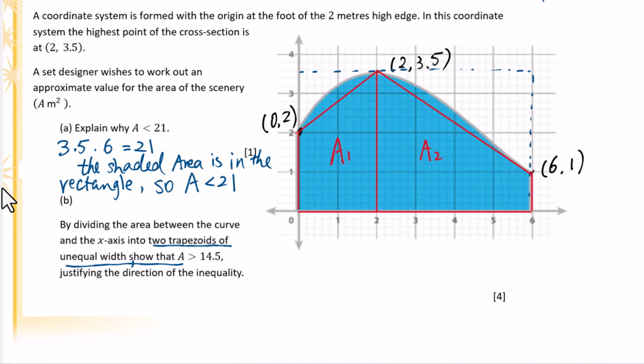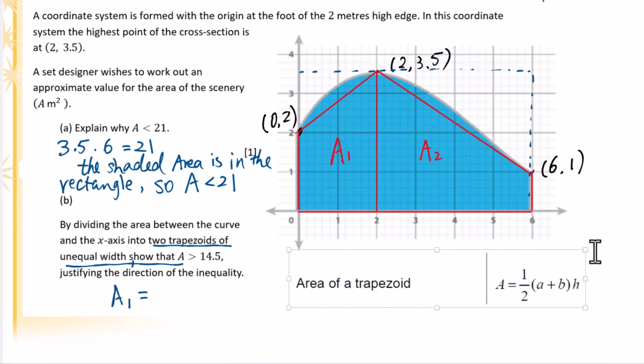So for A1, the area of a trapezoid is given by 1/2 (a + b) times height. If we have this trapezoid, this is a, this is b, this is h.